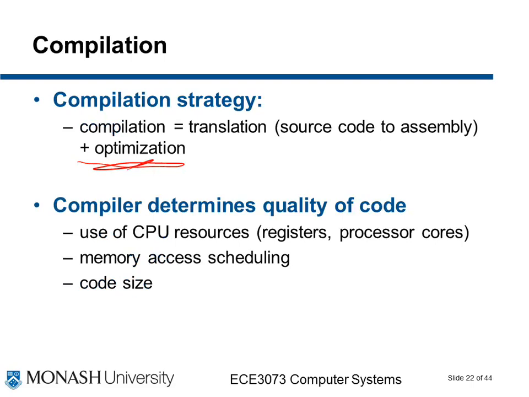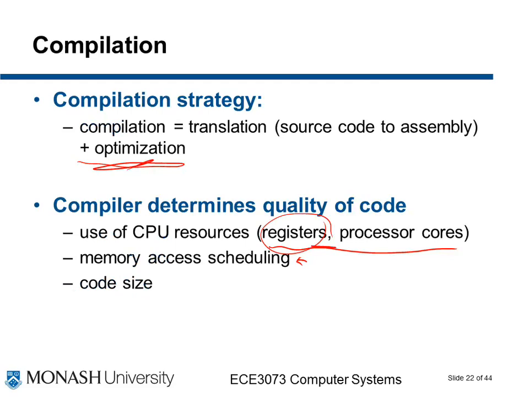Now actually, if you ever type them in, probably on anything that you write, it will make no difference in terms of compilation time, but it will actually make them slightly faster. Just interesting to know. And yes, the compiler determines your quality of code. So the use of registers, which is what we just talked about with the simple data flow graph optimization, and similarly, reducing the amount of accesses to memory.